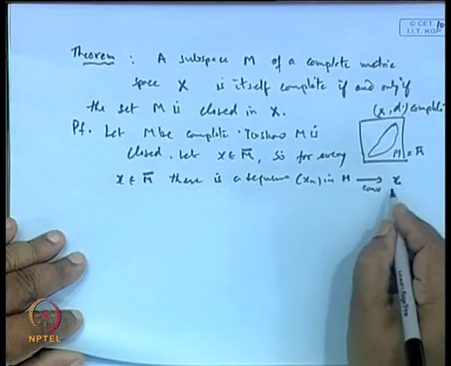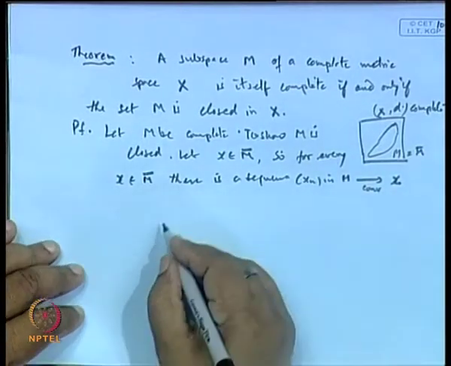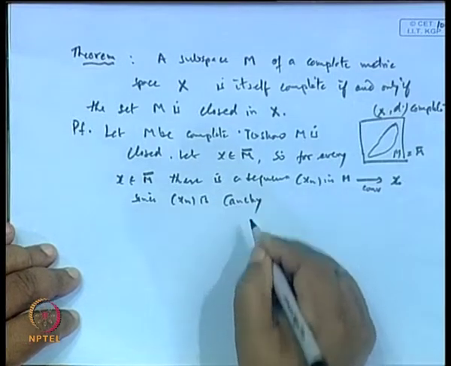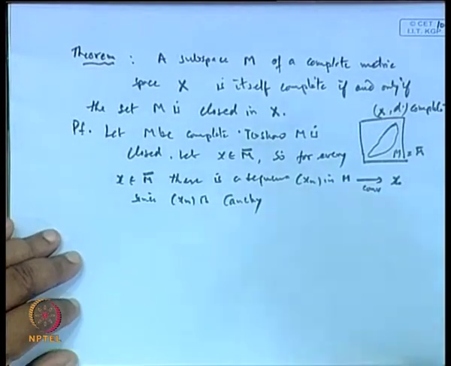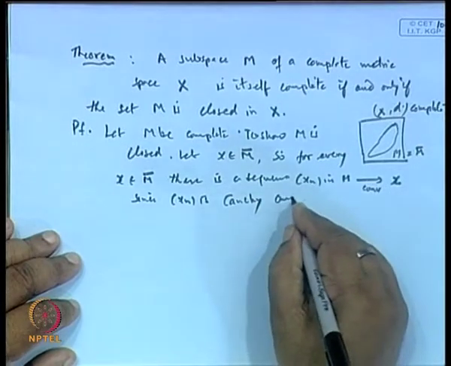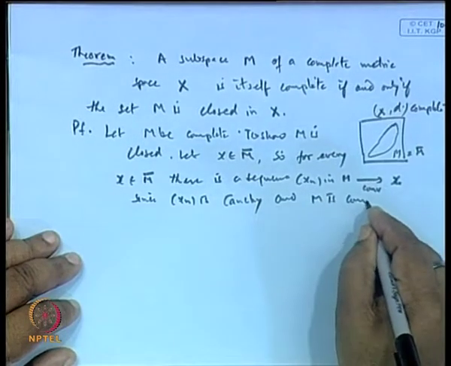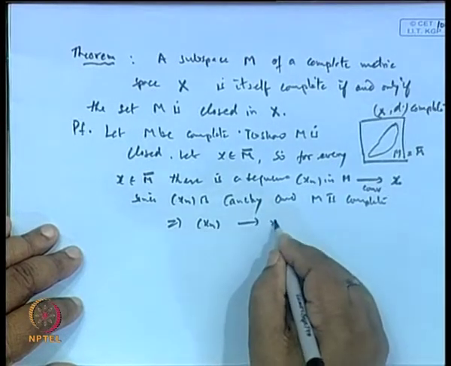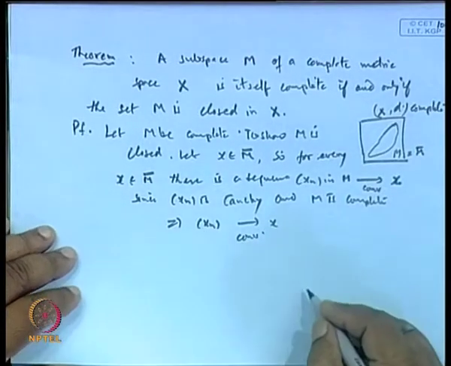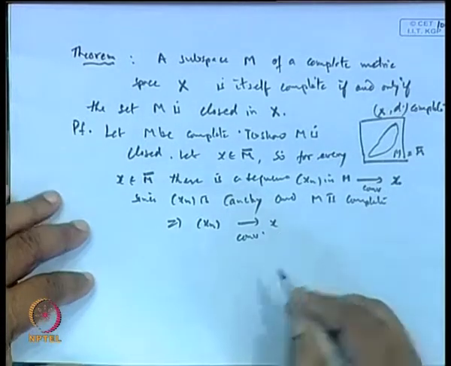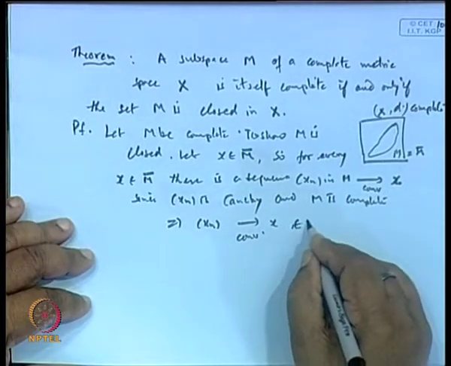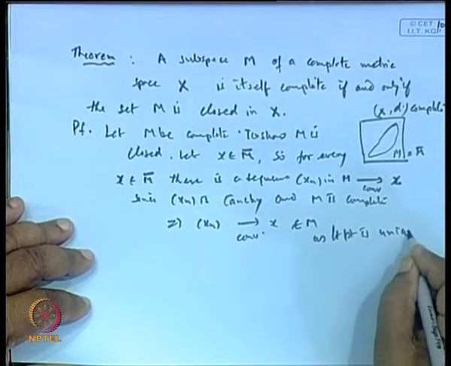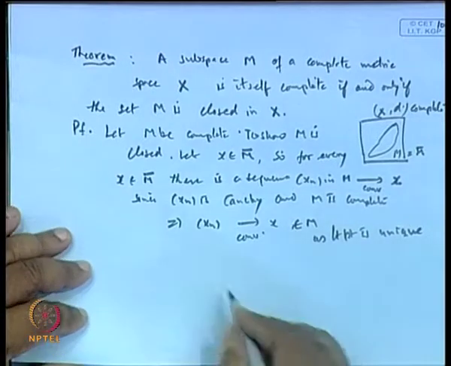But every convergent sequence is Cauchy. So, x n is a Cauchy sequence, and M is complete. So, every Cauchy sequence is convergent. So, this implies that x n converges in M, and because the limit is unique, it converges to x, so x belongs to M. So, this proves M is closed.